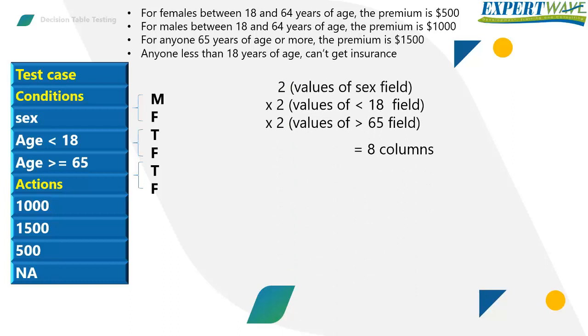Again, we will end up with 8 test cases, not 6. So this is again not possible, because if you think about it, you will end up with columns where the age is both less than 18 and greater than 65, which is still not possible. So you need to be very careful when you use the above formula.